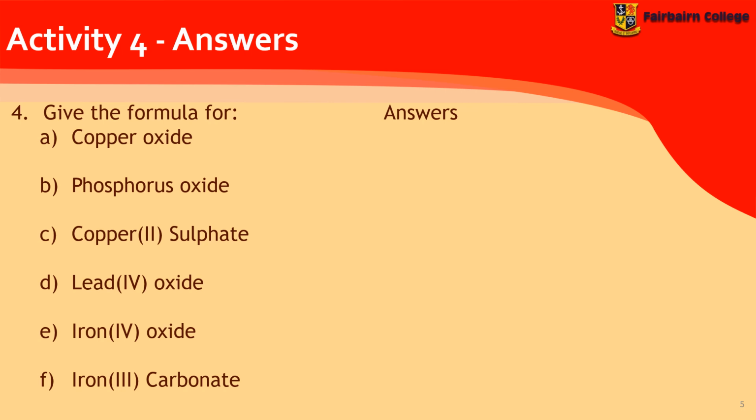Okay, and for the last question, we were working with transition metals with varying valency. Okay, so for this first one, copper oxide. So if no Roman numerals are given, then we use the simplest ones, the ones that make the most sense.